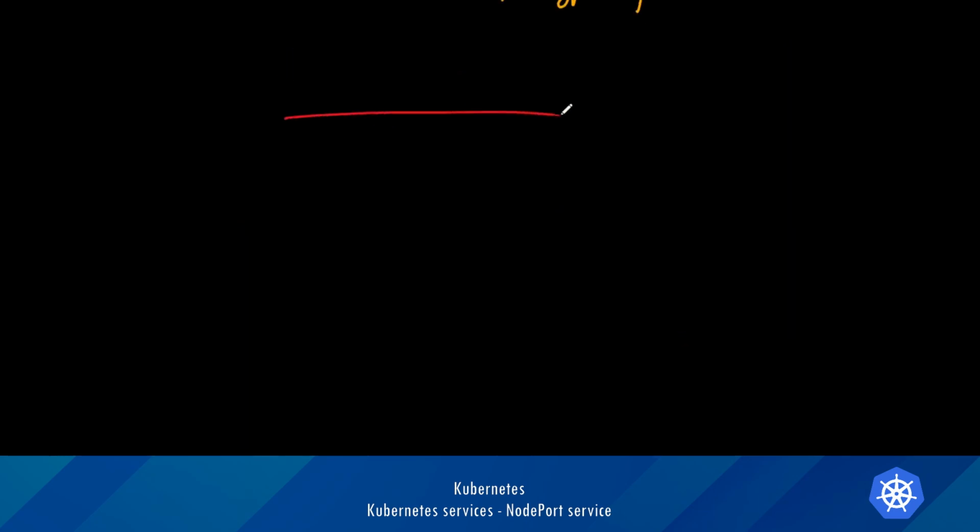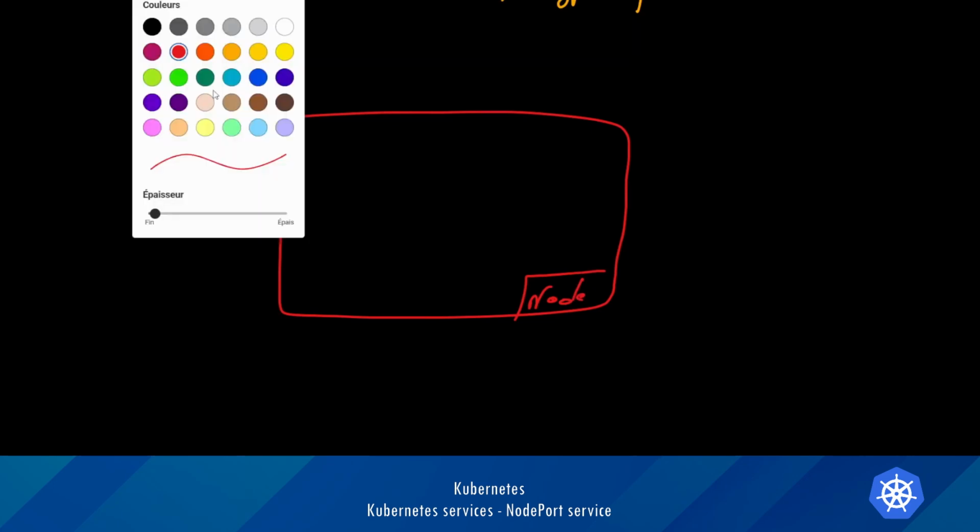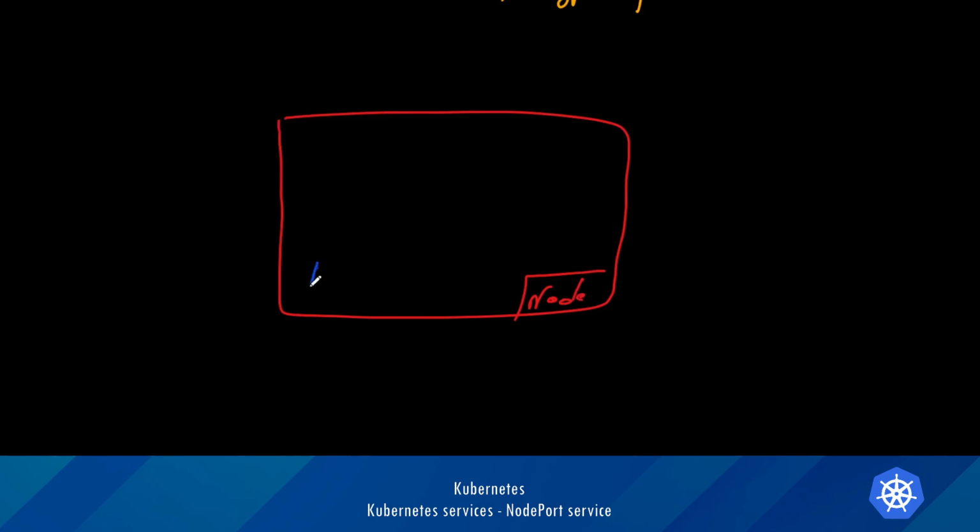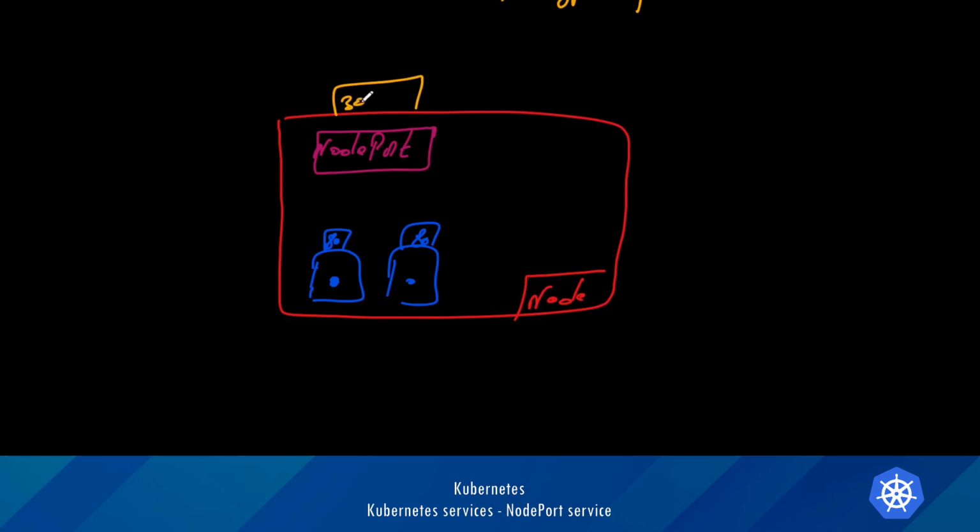If we have many pods running our application on a single worker node, let's say that here we have, for example, 2 pods running the same application for high availability purposes. Here we will create a NodePort service to map, for example, the port 30,003 of the worker node to the port 80 of the pods.